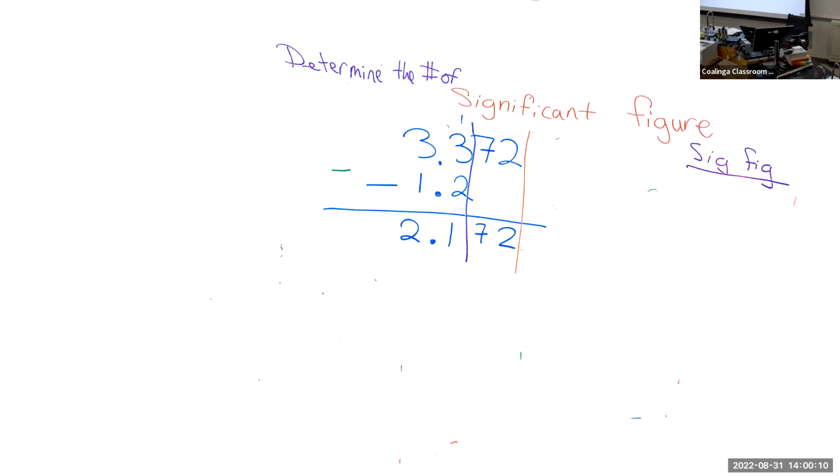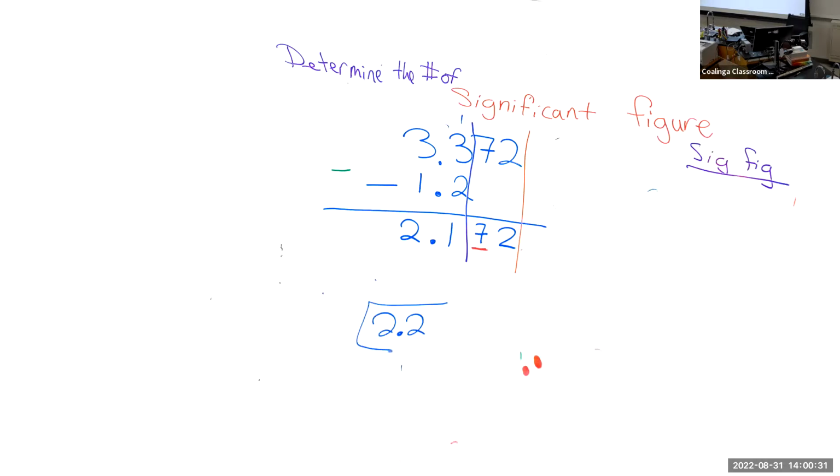What number am I gonna use to determine whether I'm rounding up? Seven. So, are we rounding up? Rounding up. Okay, so my answer should be two.